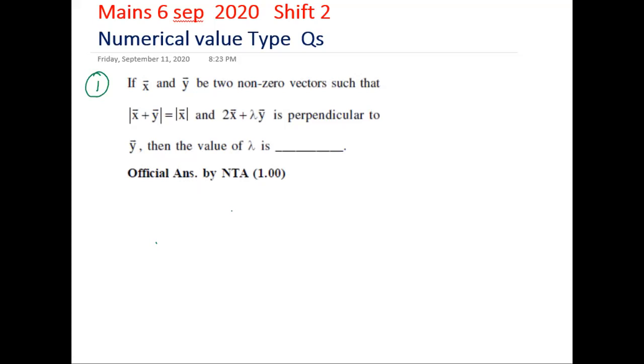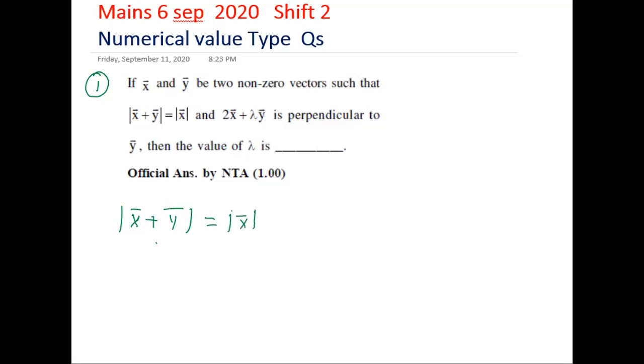See the first question. If x bar and y bar are two non-zero vectors such that mod of x bar plus y bar is equal to mod x bar, and 2x bar plus lambda y bar is perpendicular to y bar, then the value of lambda is. So here mod x bar plus y bar is equal to mod x bar.